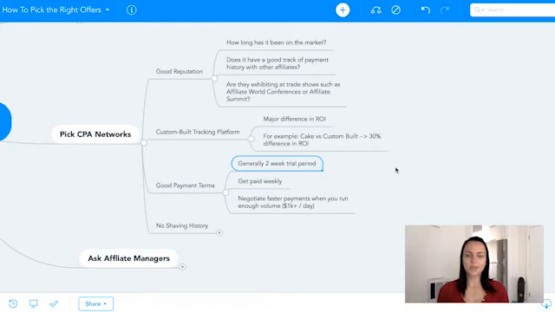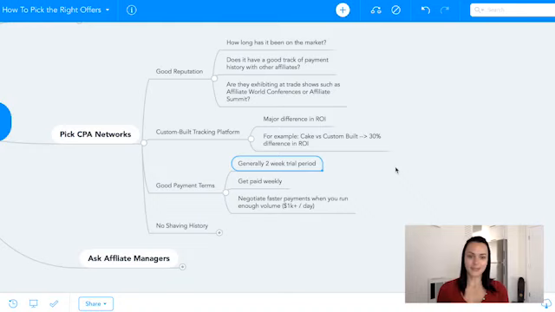So it means that if you drive enough traffic, you are able to have a faster cash flow and you will be able to get paid weekly. And also, if you're running more money through the network, you want to even ask for and negotiate even faster payment.